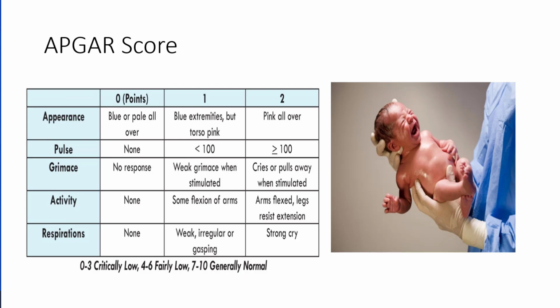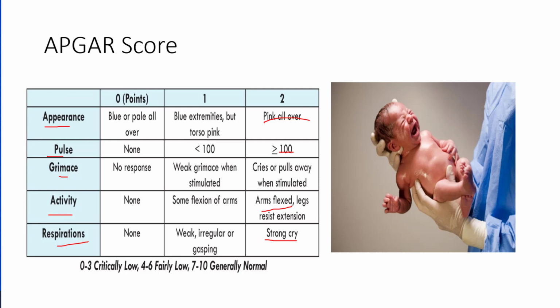Basically, APGAR is an acronym for appearance, pulse, grimace, activity, and respirations. So when a baby is born, we want to see them pink, with a high heart rate. We want to hear them crying, being able to respond to stimuli, their arms flexed, with some tension, and then a strong cry as well.